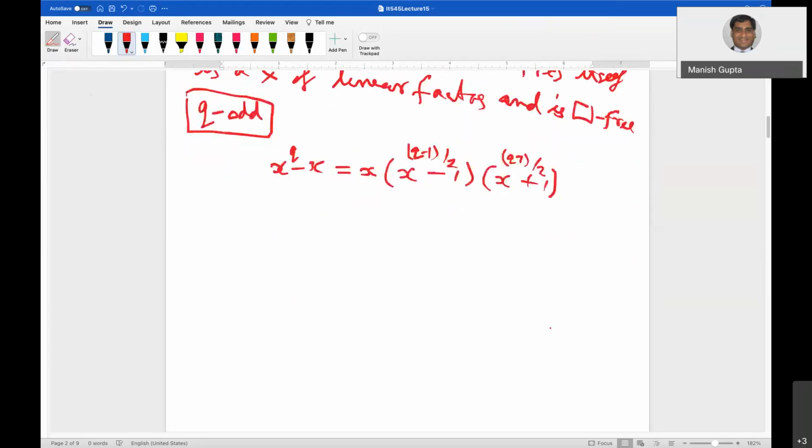Something like that. Also, without loss of generality, we assume that, so already we have assumed that f(x) is a product of linear factors. We also assume that f(x) does not have 0 as its root.